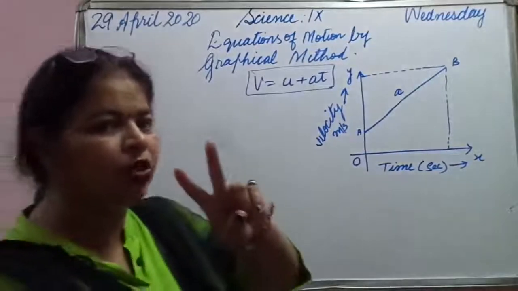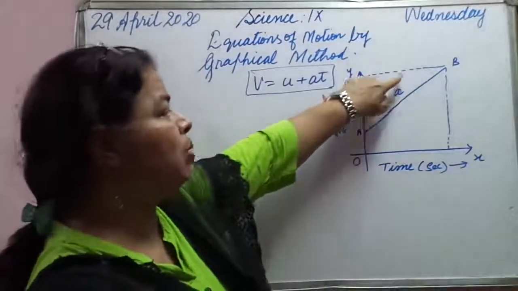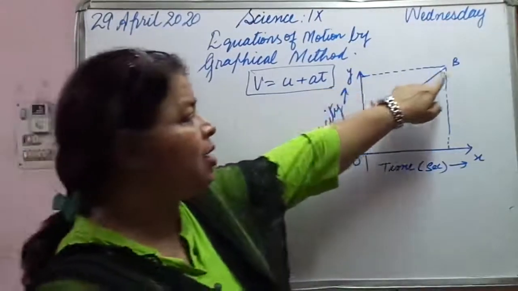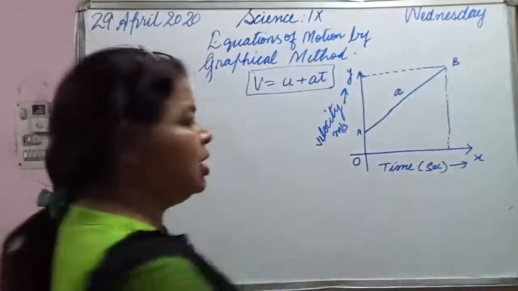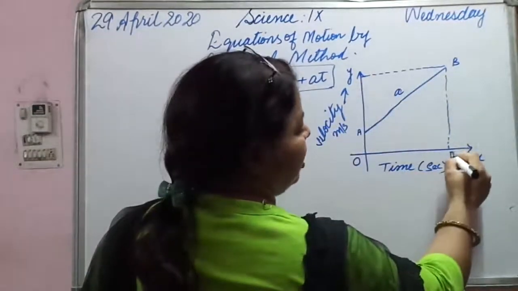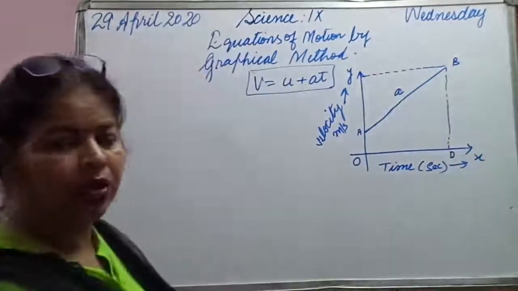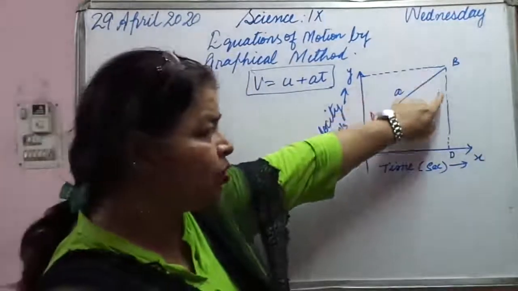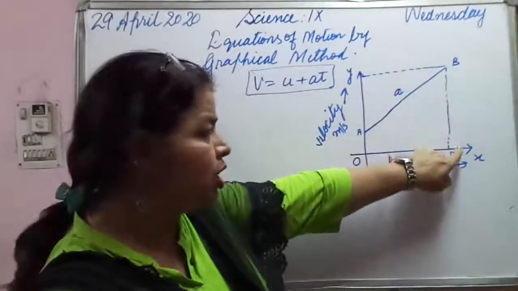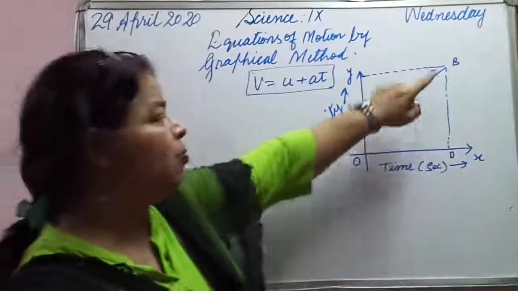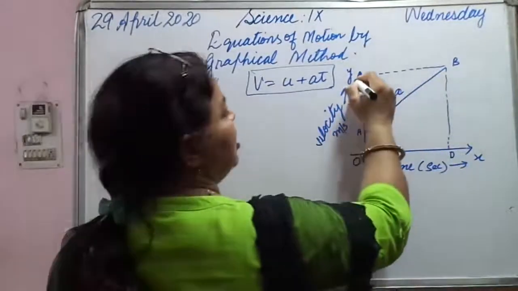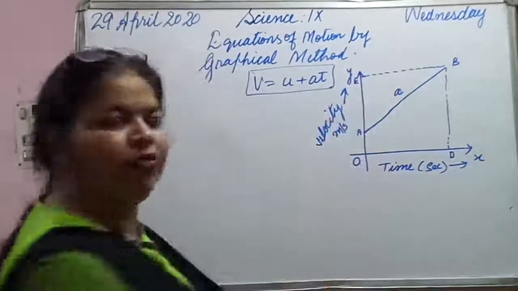Okay, two perpendiculars we have drawn, one B to y-axis and B to x-axis. Let us label them. Let it be D. A perpendicular is being dropped from B to D on x-axis, and B to, let us write here, E on y-axis.